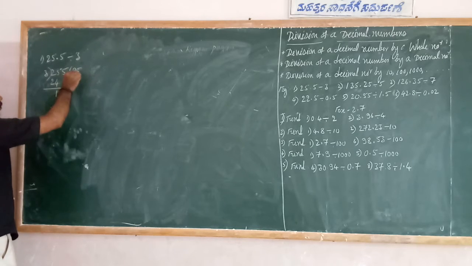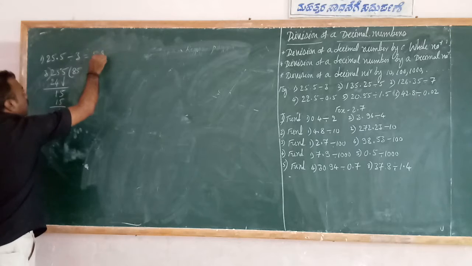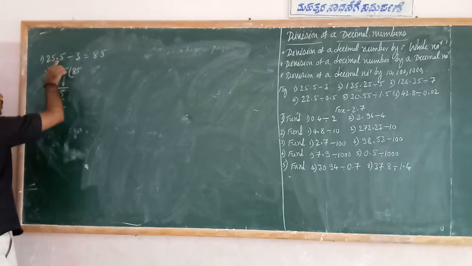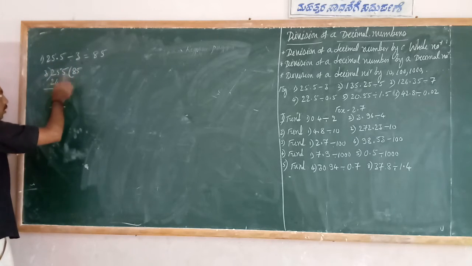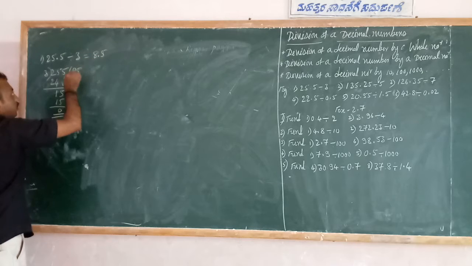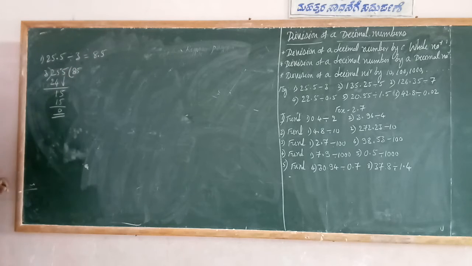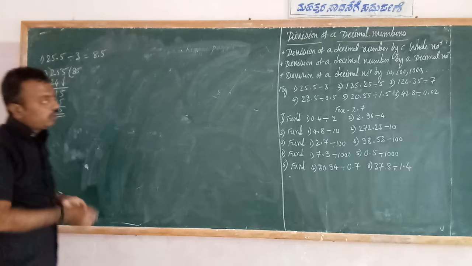Therefore 85 will come. After the point, how many digits are there? 1 digit. That's why you have to leave 1 digit. So put the point here, it becomes 8.5. So 8.5 is the answer. Do you understand? One more example I will take now.